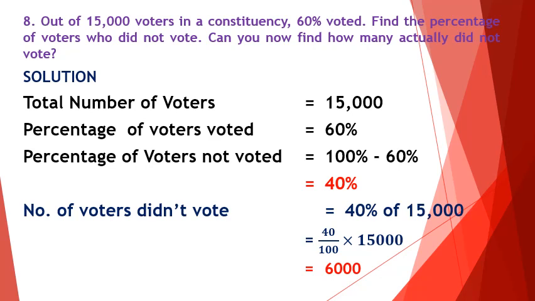That means 40 upon 100 into 15,000. You can cancel the zeros of numerator and denominator. So we get 6,000. That means 6,000 voters did not vote.